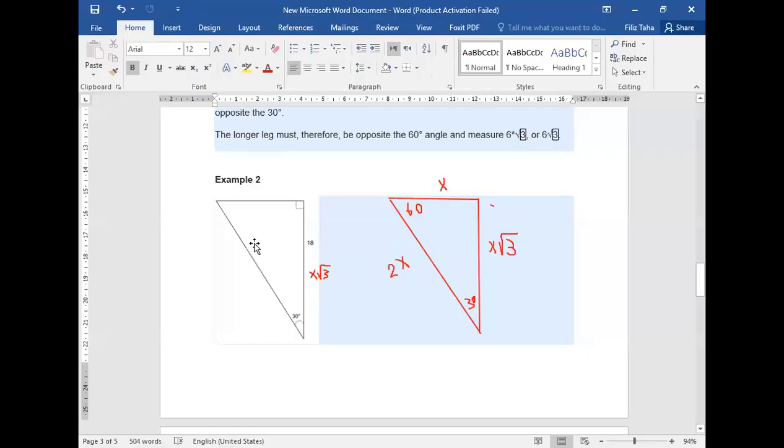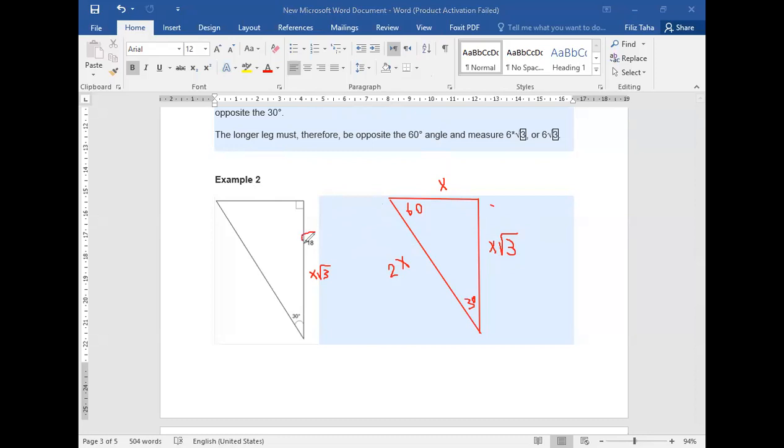Then in this case, if I want to change now according to the standard ratio, I have x and 2x and x root 3. Now, once we have a side opposite to 30, we will multiply by root 3. What about if I have the opposite? I have this side. Then to find the side opposite to 30, we will divide it by root 3.